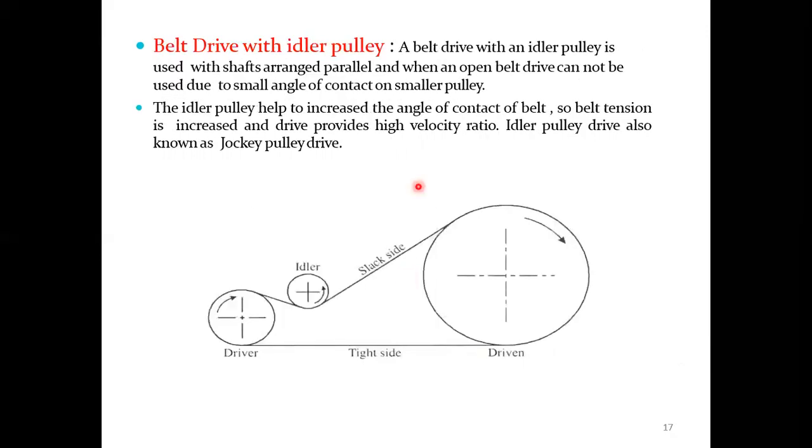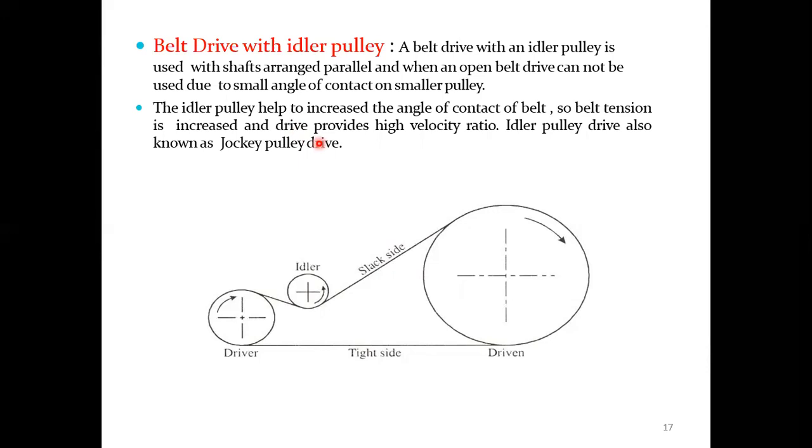Belt drive with idler pulley. So here, the idler pulley. A belt drive with an idler pulley is used with shafts arranged parallel, when an open belt drive cannot be used due to a small angle of contact on the smaller pulley. The idler pulley helps to increase the angle of contact of the belt, so belt tension is increased and the drive provides a high velocity ratio.